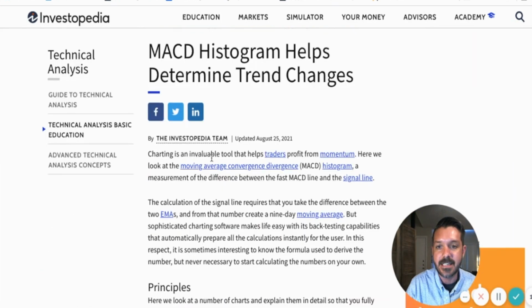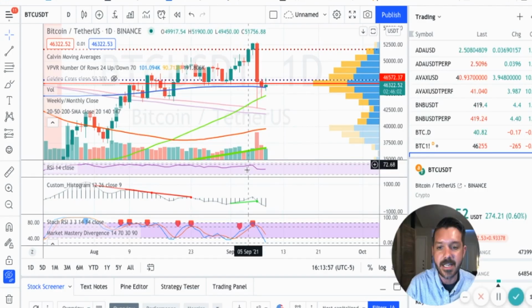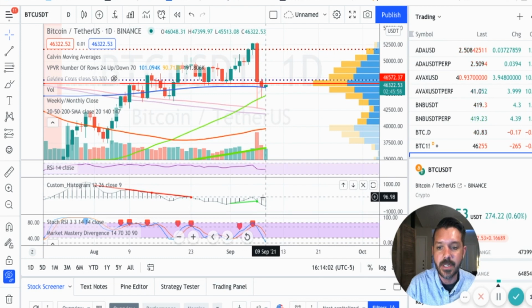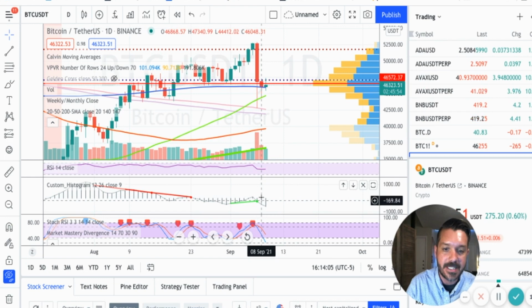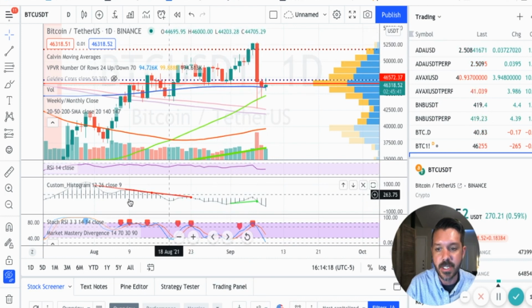Anyhow, the MACD histogram helps determine trend changes, and it's somewhat related to the RSI, but we can see this is kind of the 0 point line, and when the histogram is below this line, then price action tends to be a little bit more bearish as it starts to trend upward. So you can see here it started trending upward, and so did price action.